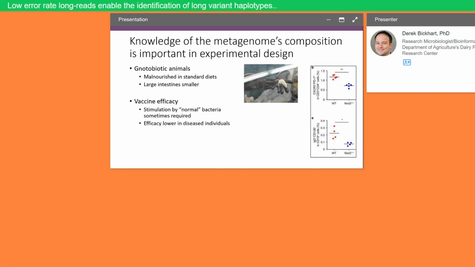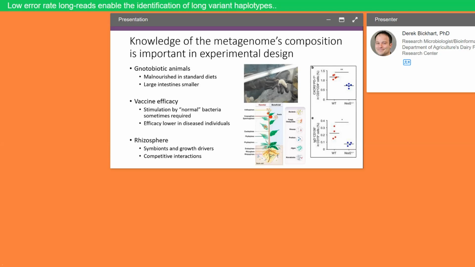In addition, metagenomes have been found to play a major role in vaccine efficacy in mouse models. It turns out that certain cell surface receptors in the gut need to be stimulated by the commensal microbial community to elicit immune responses against certain pathogens when given a vaccine.